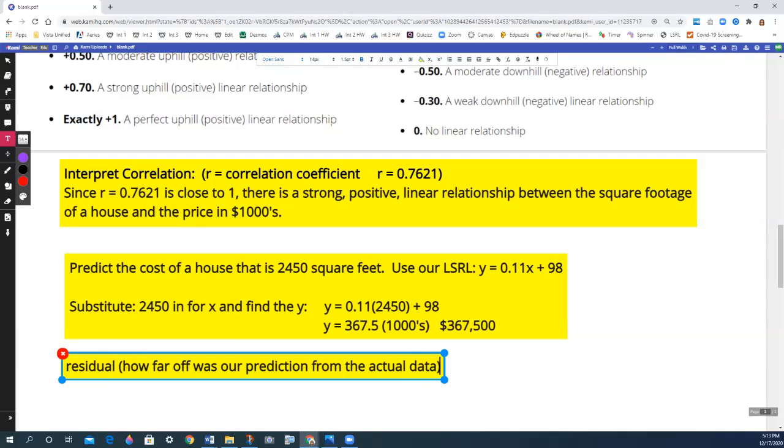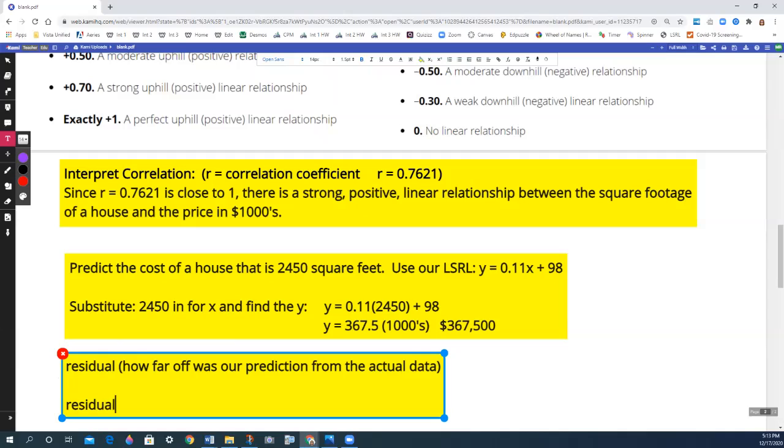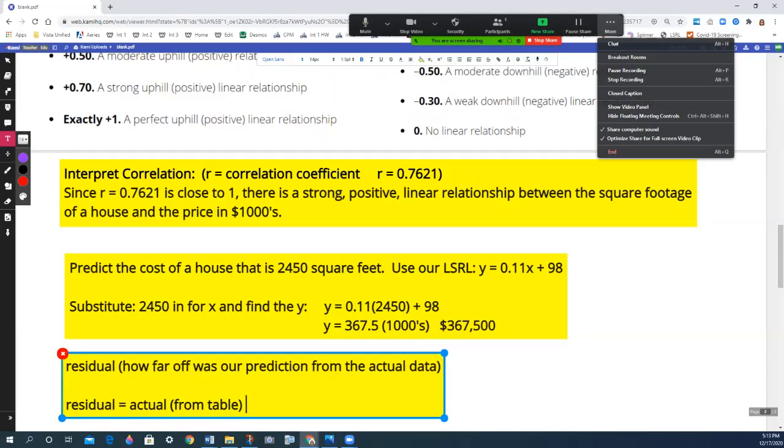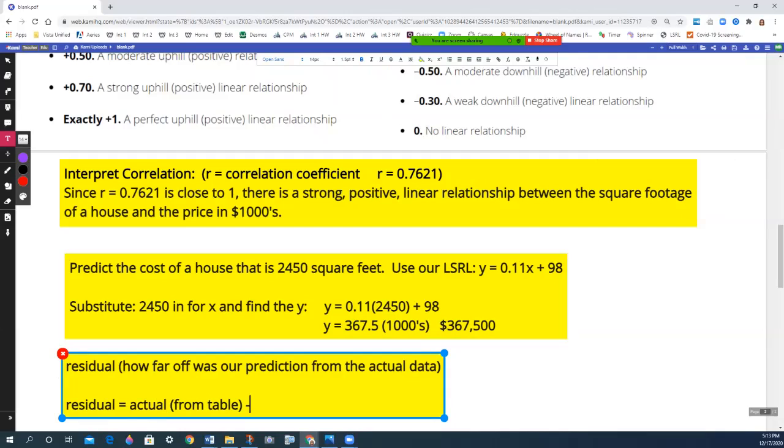That's what residual is. And the equation for residual is actual, and again, this is from table, or from your data, minus predicted, and the predicted is from equation.